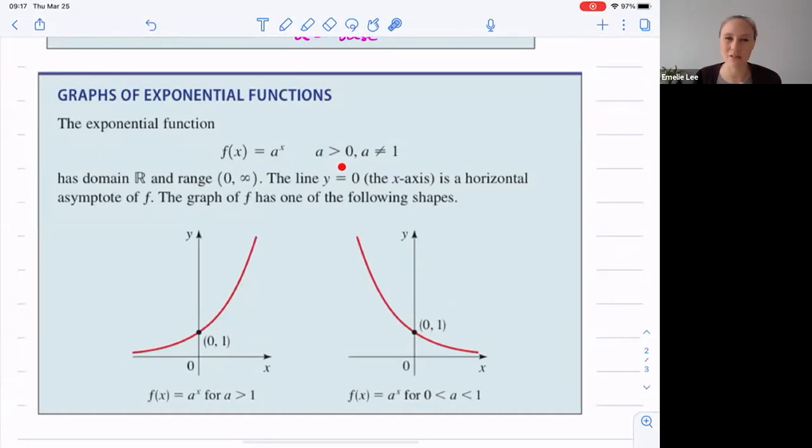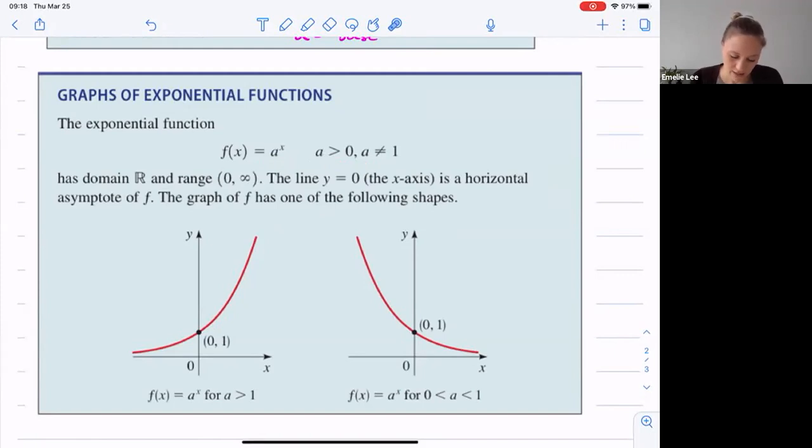So you can't have a negative base, right? Which kind of makes sense because you could just extract that negative and put it outside. But don't worry about that. Just a has to be larger than 0. And a cannot be equal to 1 because 1 to the power of anything is 1, right?